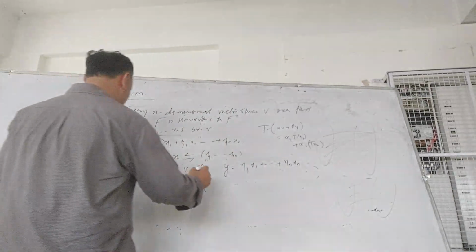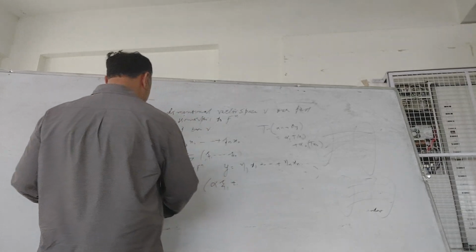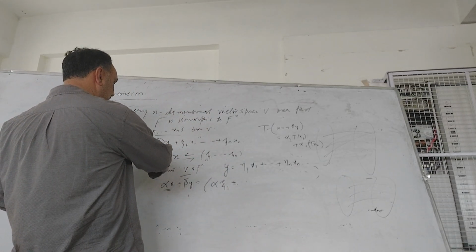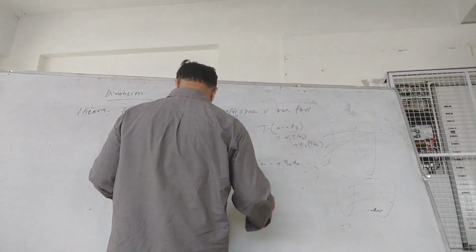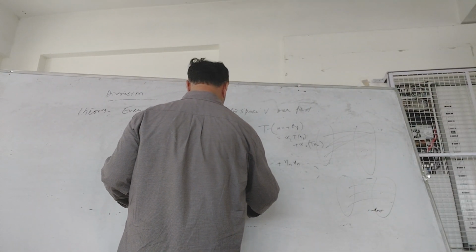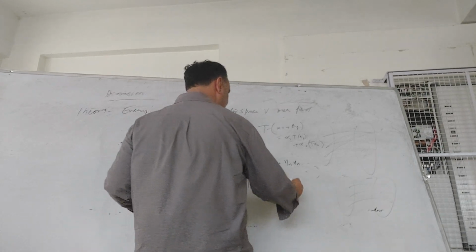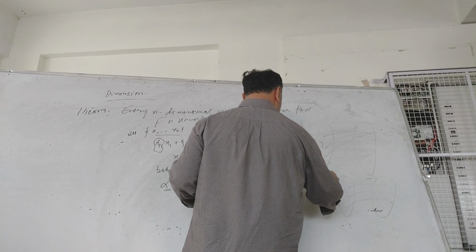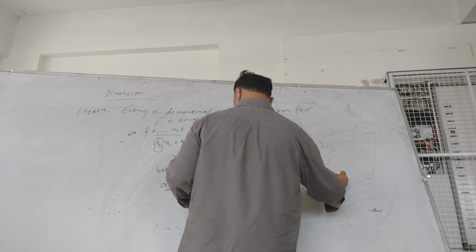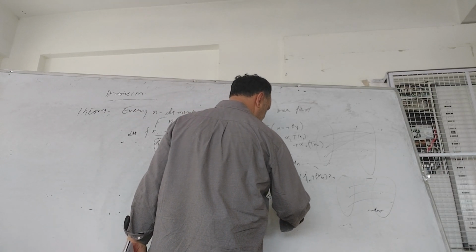So it's alpha, zeta 1, x1, so on and so forth, zeta n, xn, plus beta, neta 1, x1, so on and so forth, neta n, xn, which established a sort of isomorphism.